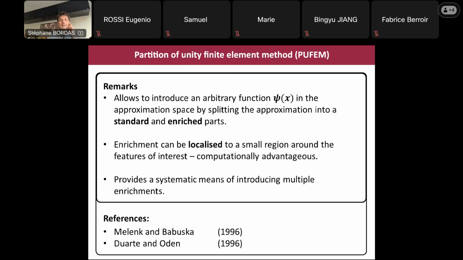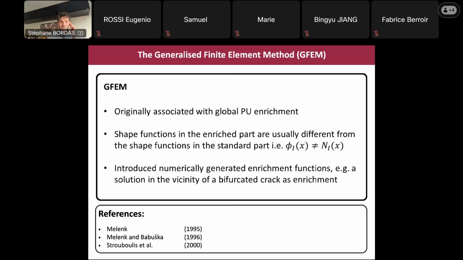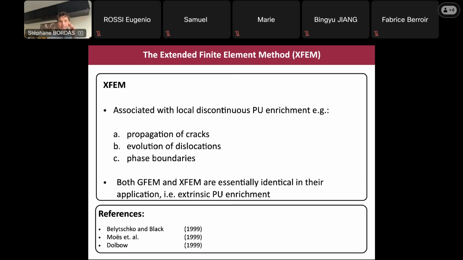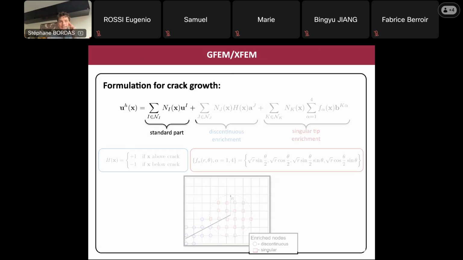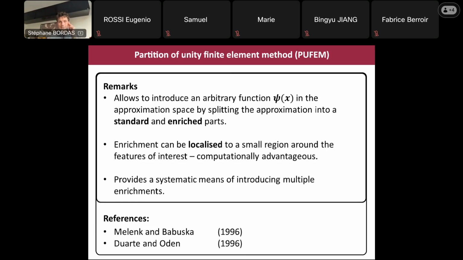Okay, so all that I already said. And in the literature, you can find a huge amount of different naming conventions. The first people to come up with that are Markus Melenk and Ivo Babuska. Babuska passed away a few years ago, unfortunately. And then Duarte and Oden, and then Belytschko and Black. So you have essentially these 6 names, and they come around all the time.